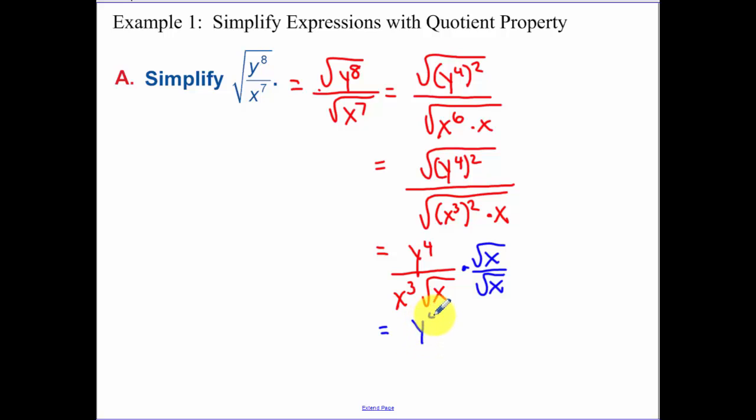So again, underneath the radical, we would have the square root of x squared. The top is remaining the same, and we know that can then turn into x, so I would have y to the 4th over x to the 4th.